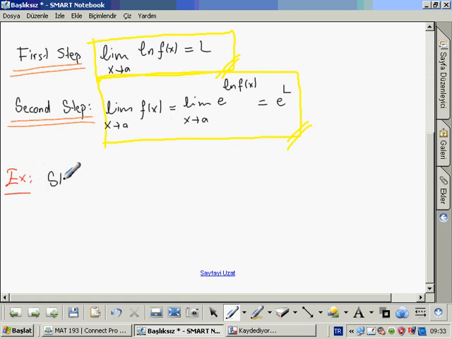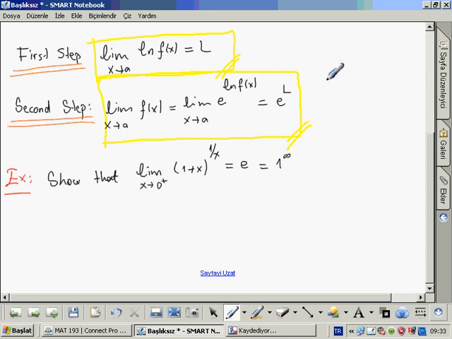And the example: show that the limit as x approaches 0 from the right-hand side of 1 plus x to the power of 1 over x equals e. It is of the form 1 to the infinity.